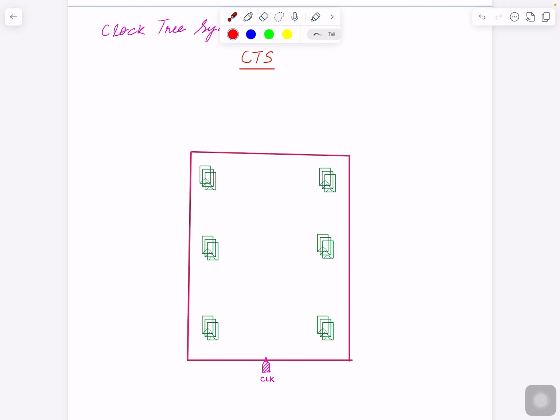What do I mean by partition level? At the top level, in a big design, you cannot have one person do the entire physical design of the chip. So what you do is divide your entire chip into smaller partitions. Some designs are so big that they can also have subsystems or sub full chips, which for example have 30-40 partitions.